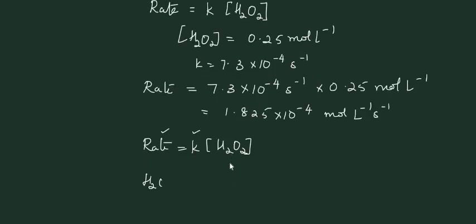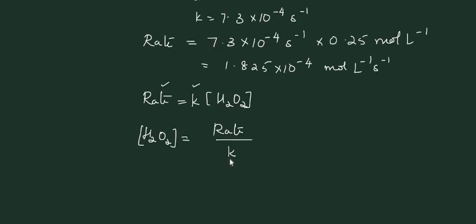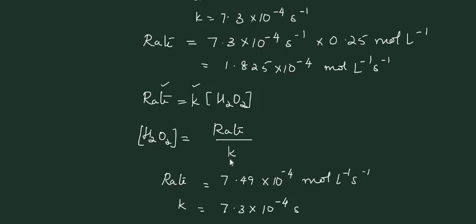So concentration of H2O2 is equal to rate divided by K. Rate is given as 7.49 into 10 raised to minus 4 moles per liter per second, and K is already given in the beginning, which is 7.3 into 10 raised to minus 4 second raised to minus 1.